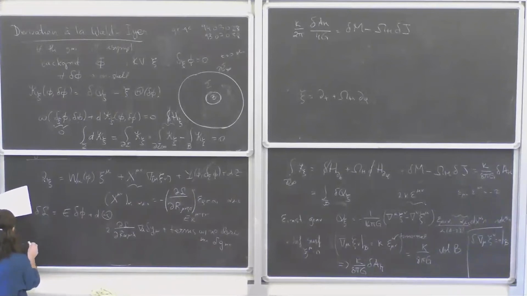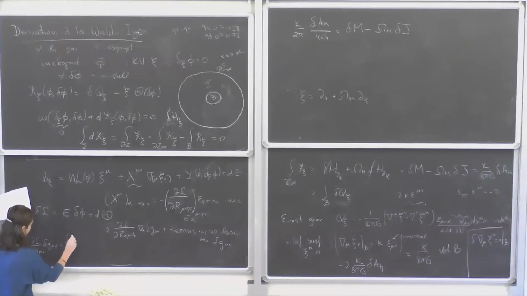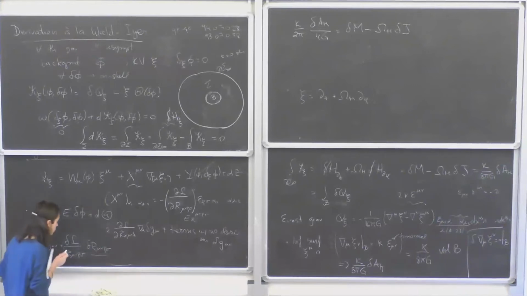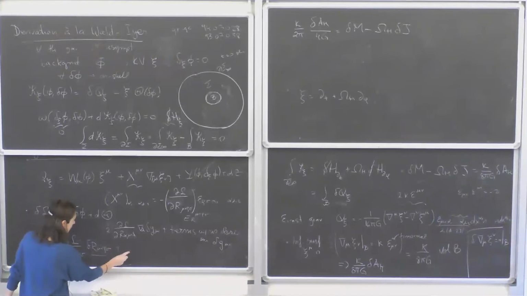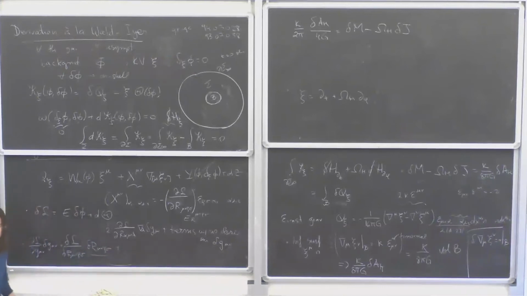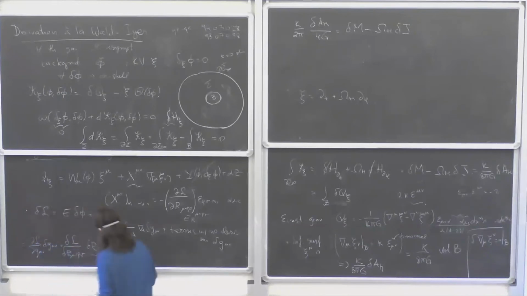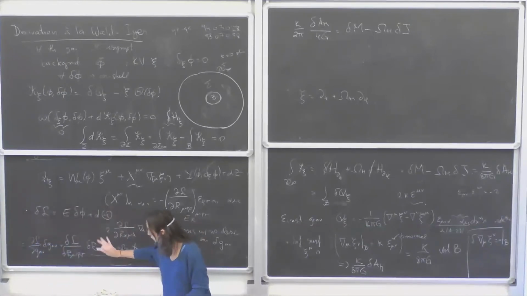So delta L, of course, is dL by delta g mu nu times delta g mu nu plus delta L by delta R mu nu rho sigma times delta R mu nu rho sigma, where of course now you have to write it in terms of delta g because you're deriving the equations of motion for the metric, plus some other terms. So all the matter fields, of course, because you also need plus matter variations and so on.